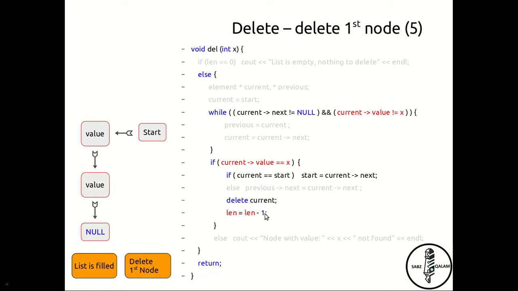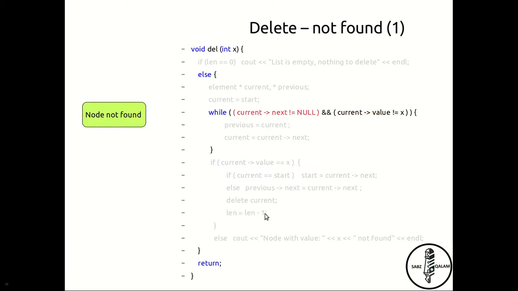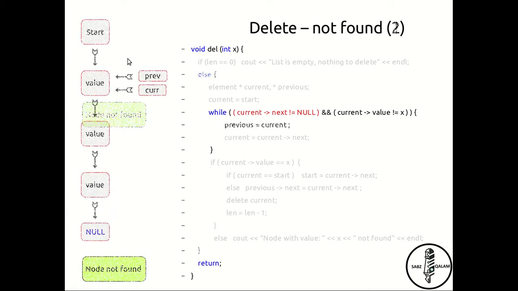It's that easy. Now let's consider what happens when you cannot find the node. In this case, when you start executing the while loop, it is this condition which is responsible for stopping it. In other words, you continue up until you reach the end. So let's consider this. Initially, current and previous are pointing to the first node, which is the first element.